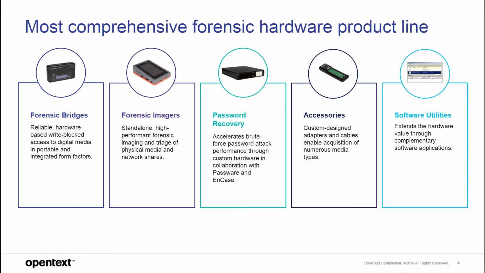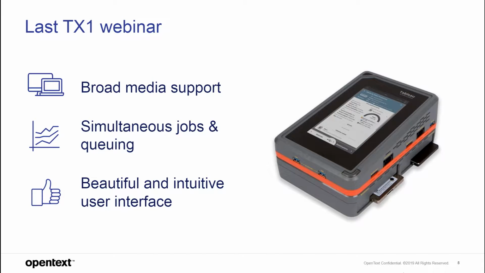So just kind of a recap to get us all in sync. The last time I talked to you about the TX1, I covered the fundamentals of our flagship forensic imager, and we tried to cover the wide variety of digital media that TX1 supports.